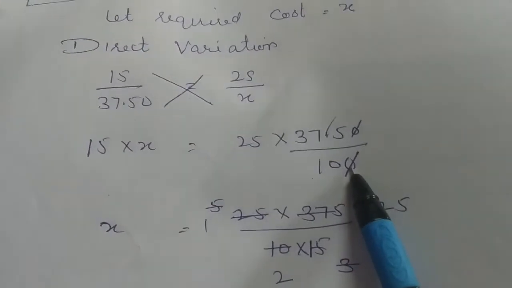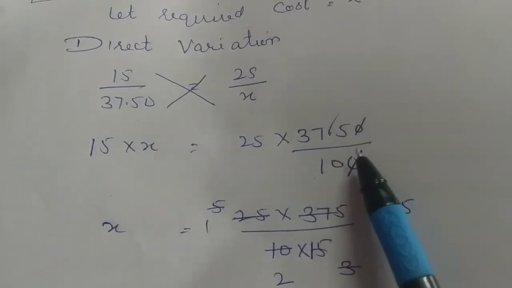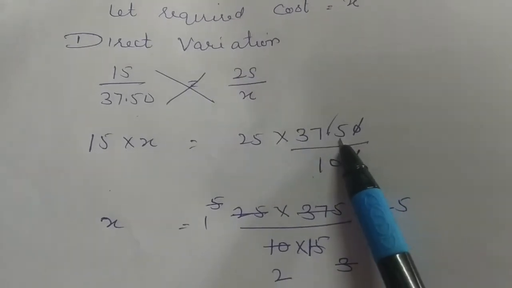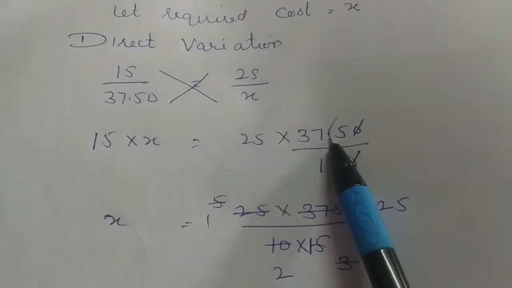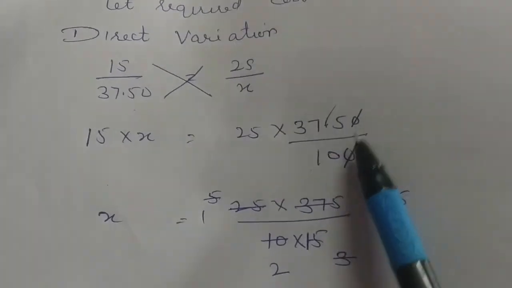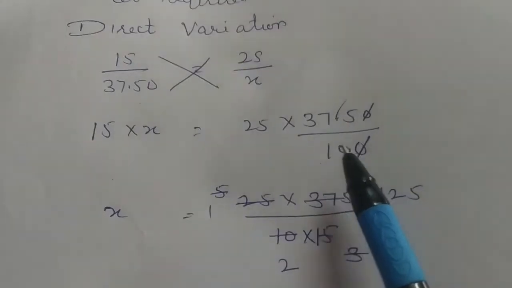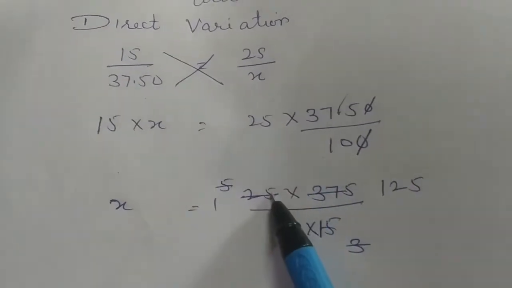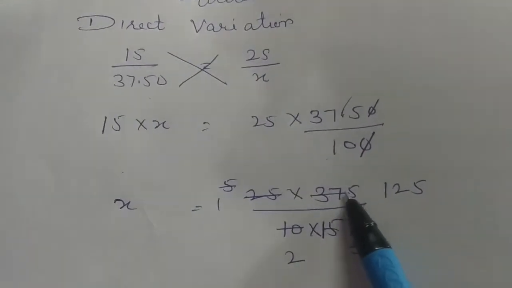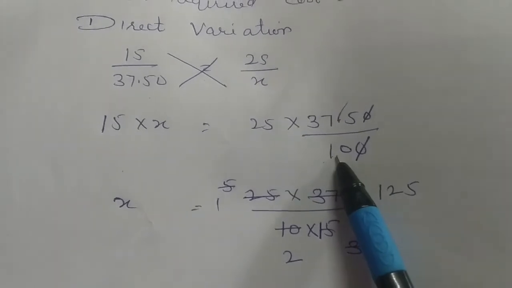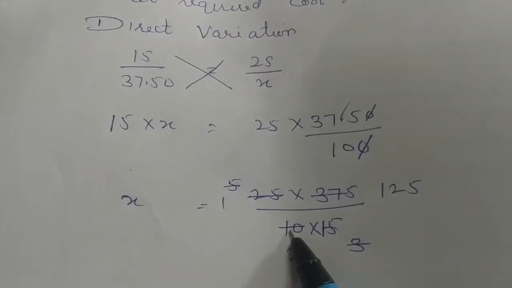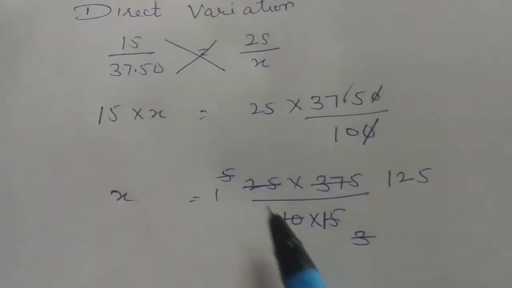Remove the decimal here. I have removed it. Marked 2 zeros because there are 2 digits after the decimal. Cancel this 0 with this 0. Then I have 25 multiply 375 over 10. Bring 15 here.